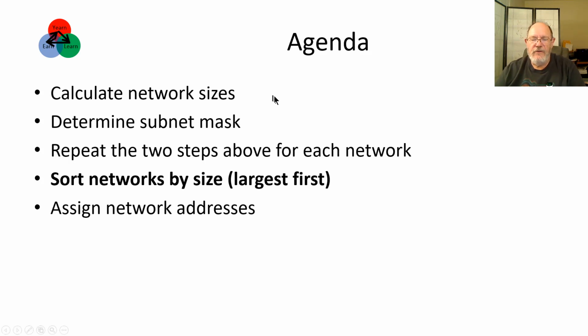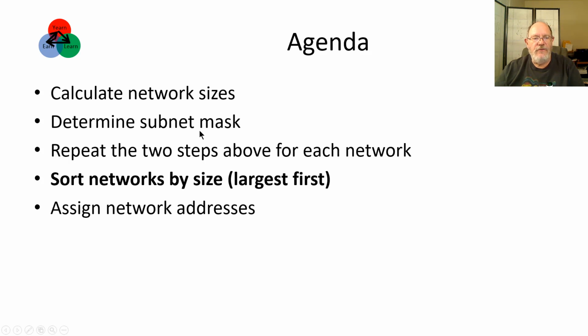On our agenda, there are several tasks necessary to actually create a variable length subnet type of internetwork from multiple networks or subnets. First off, you have to understand how many IP addresses or network size you need in each of your networks.